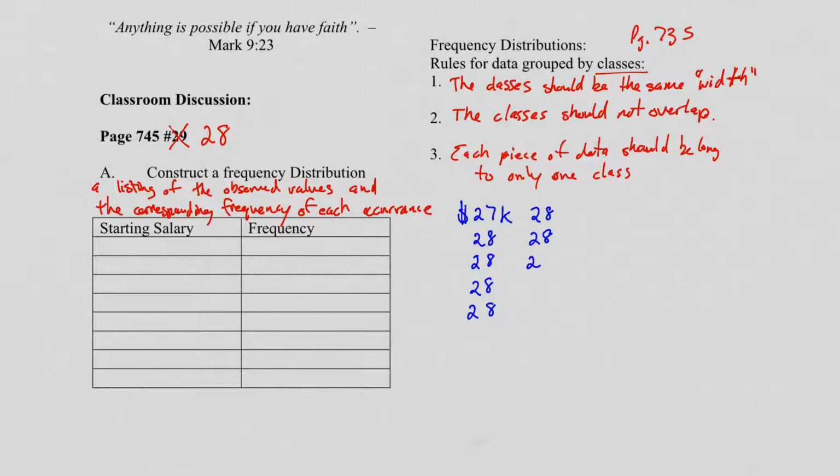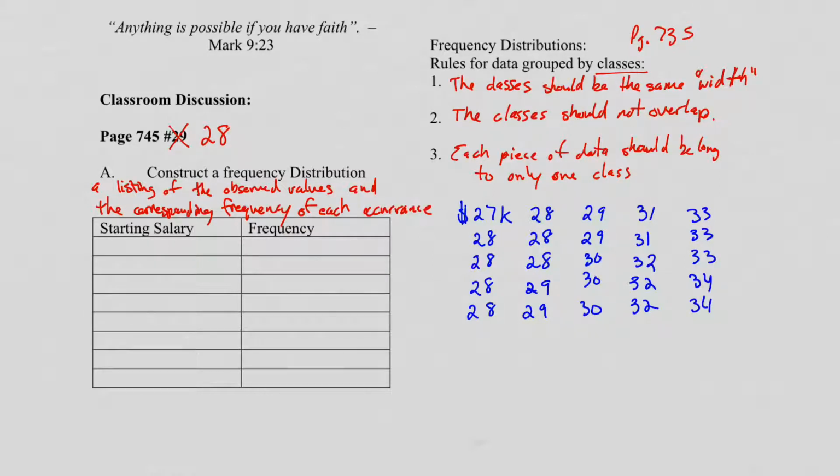So a bunch of people with 28,000, and this is per year salary. A couple 29s, some 30s, 31, 32, 33, and the highest salary was 34,000 per year.